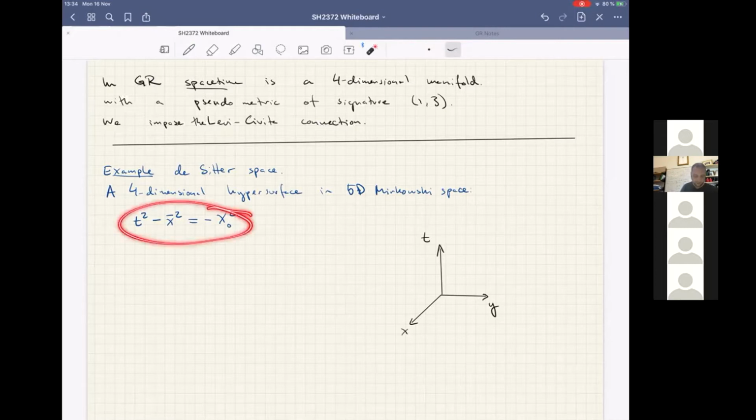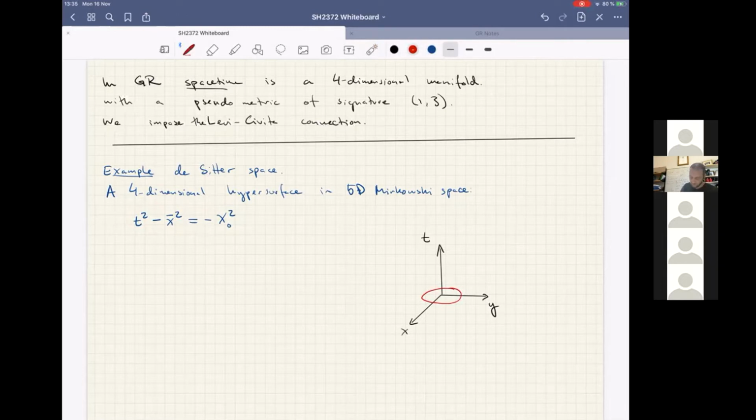what this is going to say is essentially that this x squared is going to be a constant for a fixed t. So that means that this surface for a fixed t-coordinate is going to be a sphere in those coordinates. So when I draw in 2 dimensions, that will be a circle like this. And as I increase t or decrease, so if t squared increases, this circle becomes larger and larger.